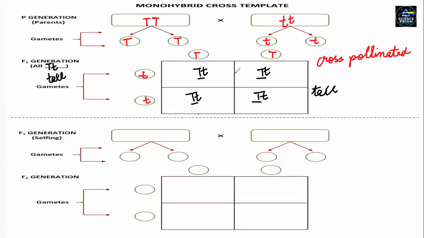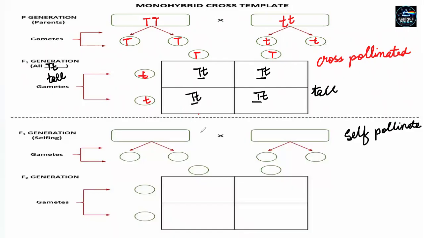Okay. Then when we move ahead, what he did is all of these F1 plants were allowed to self-pollinate. Now what is going to happen? I think you must be predicting it already.